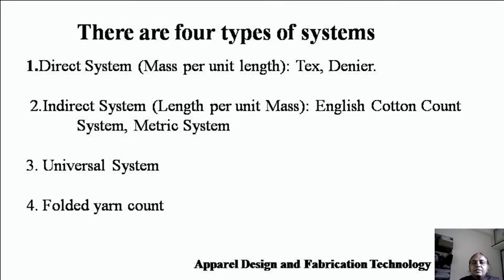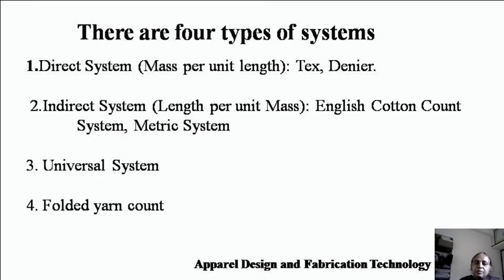There are 4 types of systems used to find out the yarn count. How many systems are used? There are 4 systems. One is the direct system, that is mass per unit length. Then the indirect system, where tex and denier are used, that is length per unit mass.